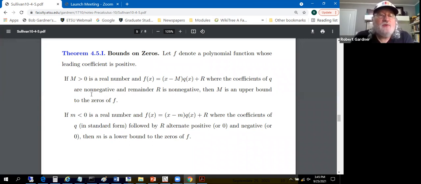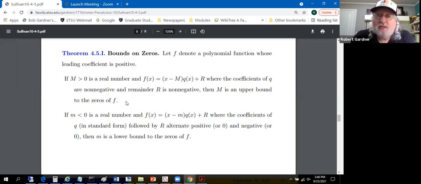If the coefficients of q are non-negative and the remainder r is non-negative, then capital M is an upper bound to the zeros of f. So if such a positive M exists, such that when you do this division we have the following situation: coefficients of q are non-negative and the remainder is non-negative, then M is an upper bound to the zeros of f.